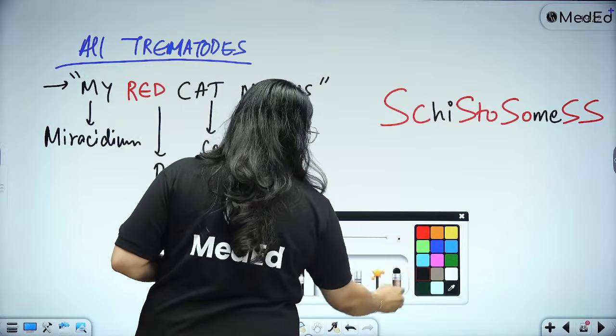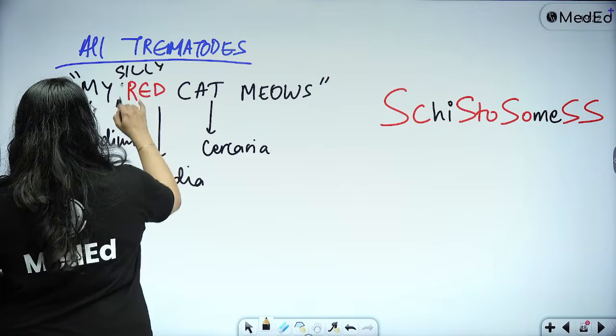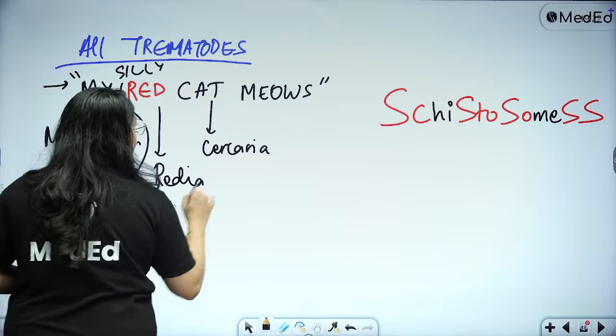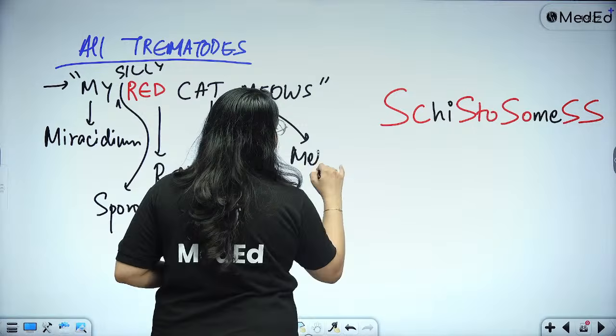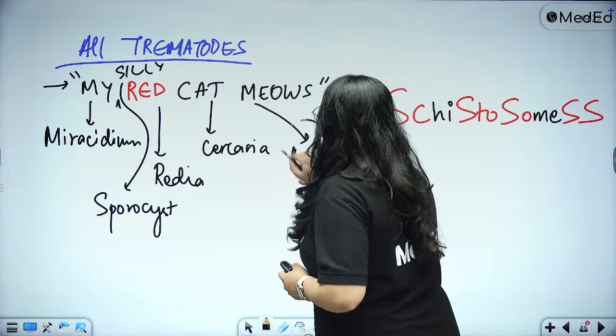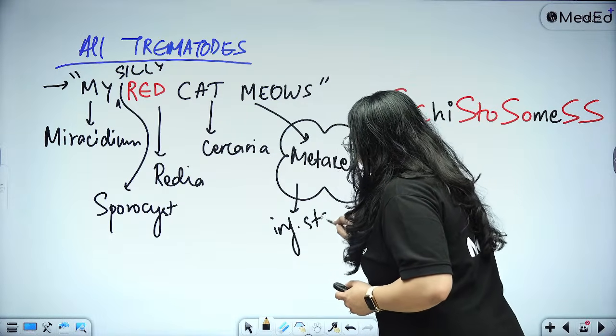My silly red cat meows. Silly is sporocyst, and meows, metacercaria. So, for all trematodes, infective stage is metacercaria.